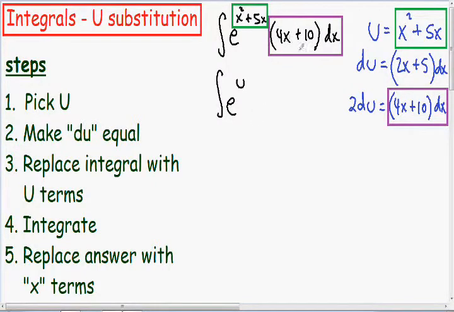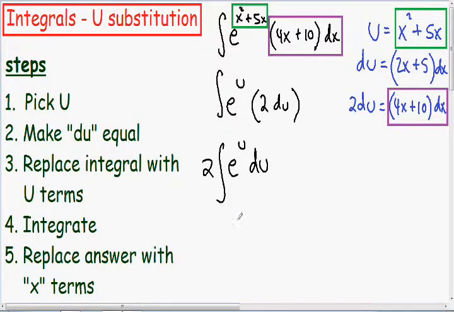And since 4x plus 10 dx is equal to 2 du, I'm going to replace the 4x plus 10 dx in our integral with a 2 du. So now I'm going to simplify this a little bit and pull the 2 constant outside of the integral. So it becomes 2 on the outside multiplied by the integral of e to the u du.